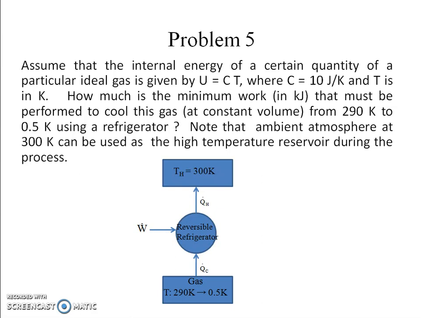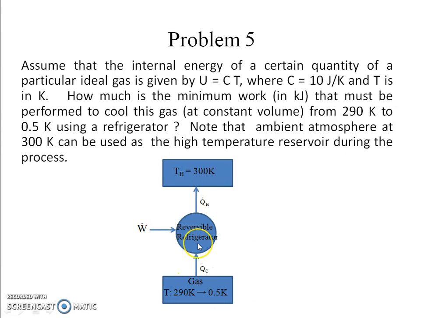Now, what is happening is that this gas is being cooled from 290 Kelvin to 0.5 Kelvin. In order to cool this gas, some amount of heat is extracted from it, given as Q̇c. Q̇c is the rate at which heat is extracted from this gas.